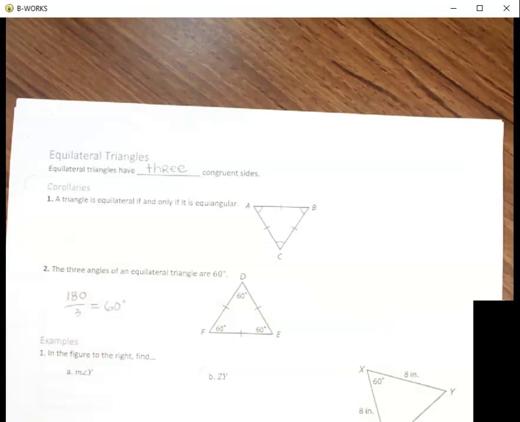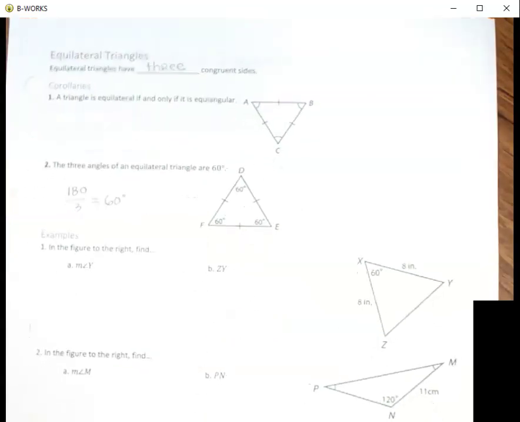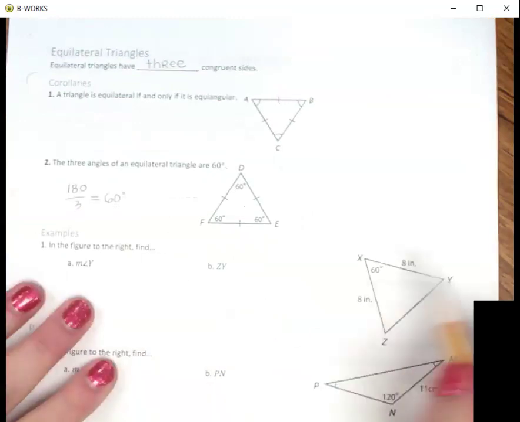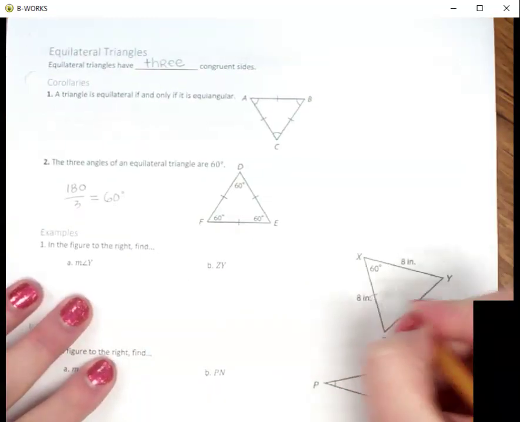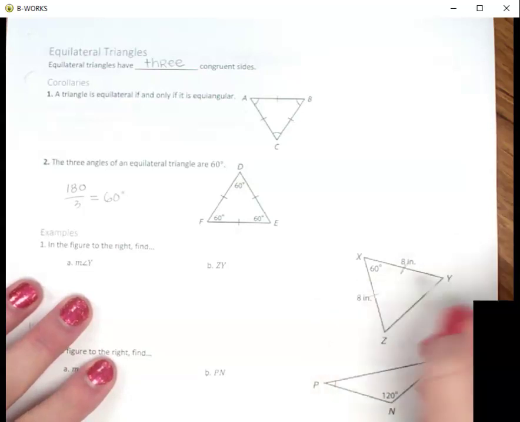So some examples that you could run into. Here I know that this is 60 degrees. I know that these are congruent. If I know that these two sides are congruent, I also know that these two angles are congruent.